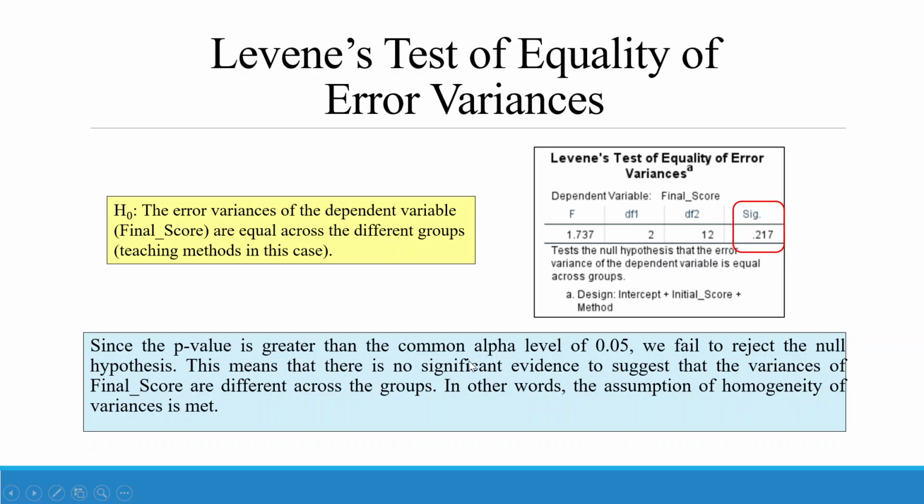Since the p-value is greater than the common alpha level, that is a 5% level of significance, we fail to reject the null hypothesis. This means that there is no significant evidence to suggest that the variances of the final score are different across the groups. In other words, the assumption of homogeneity of variance is met. This is desirable. Only then can we proceed further.